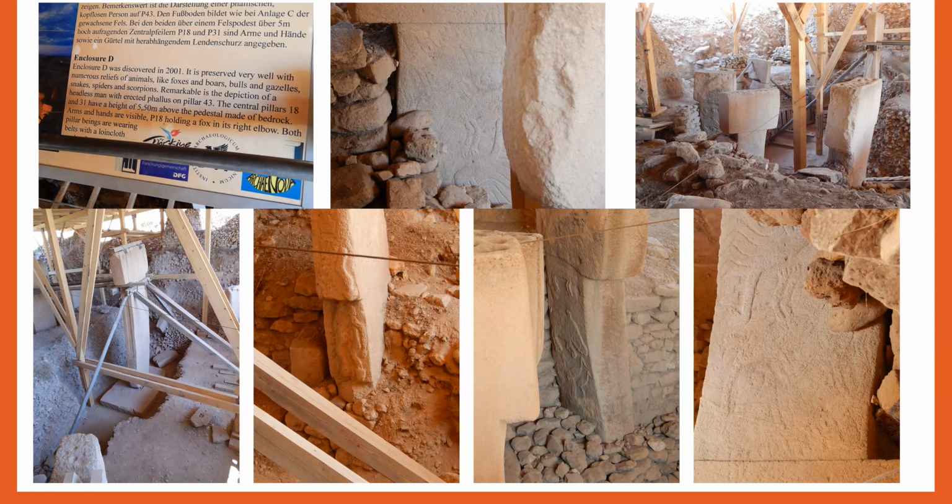But you can begin to see all these different carvings. And you can see, still trying to hold and brace that up now, but it would have been freestanding at the time.